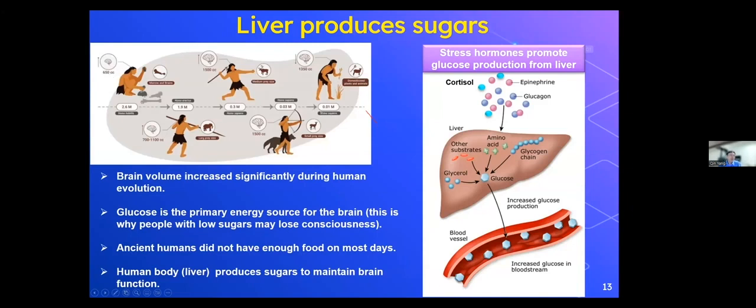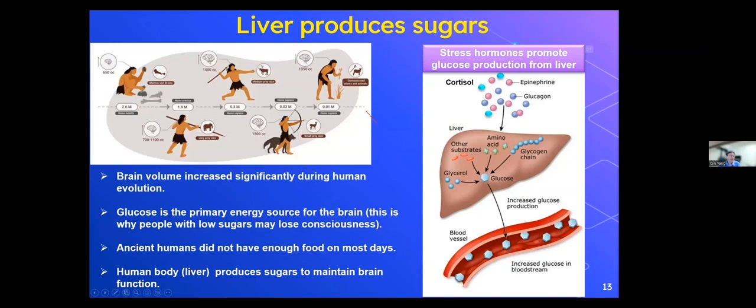When the brain size doubled and intellectual capacity increased, the interesting thing is the brain really cannot use other nutrients, especially fat, as a major energy source. The brain really relies on sugars as an energy source.